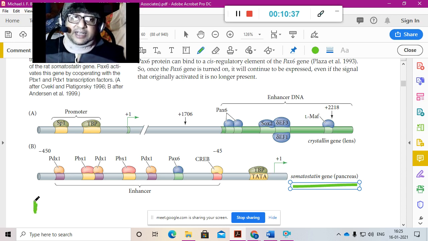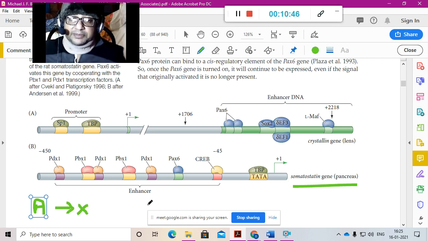There is another effect known as the synergistic effect. Say a transcription factor A gives activity X. A transcription factor B alone gives transcription activity, say X by 2, half of that.